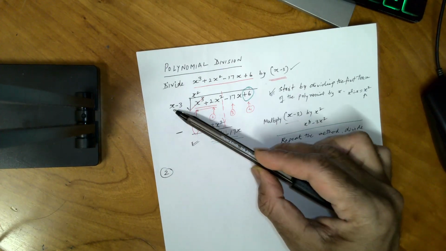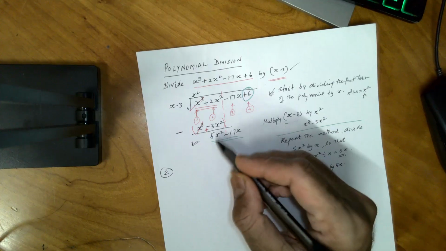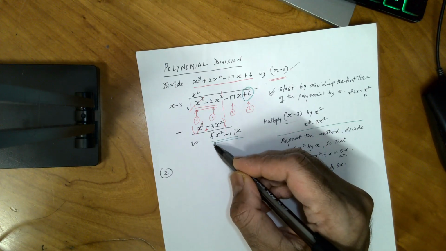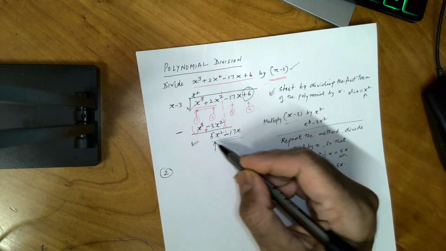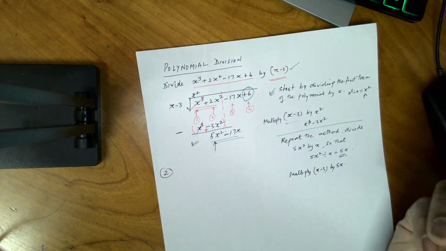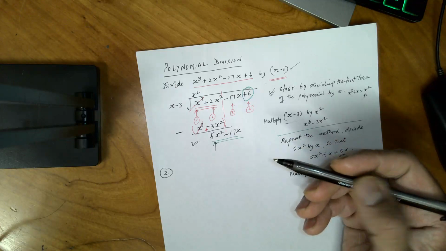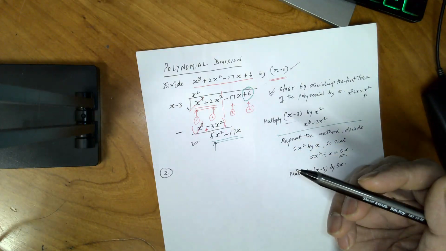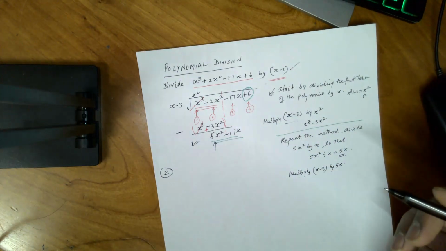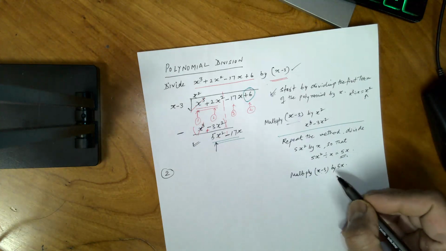In this example, x minus 3. The first term this time is 5x squared, because that's the only way you're going to reduce this in order to get the result. So multiply x minus 3 here by 5x.